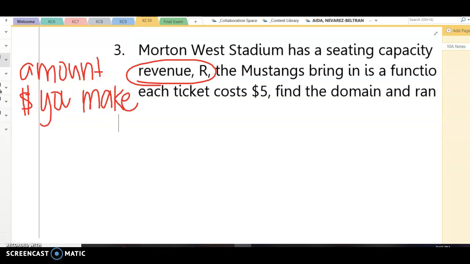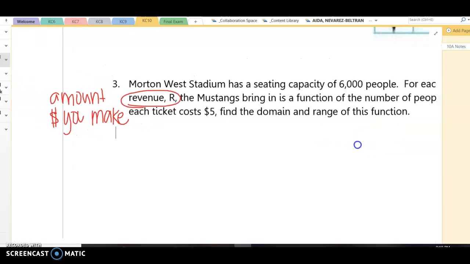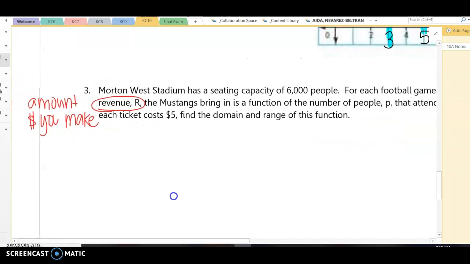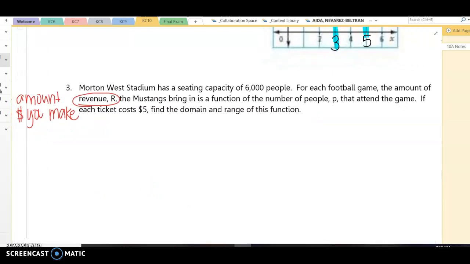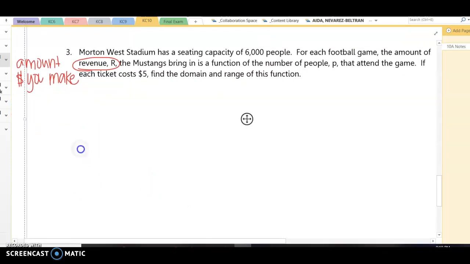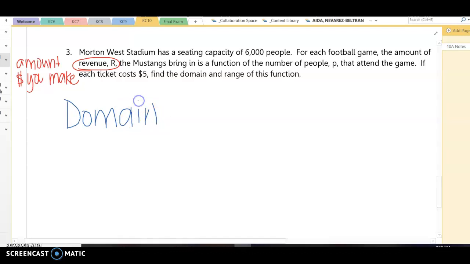So revenue is kind of like profit. It's a function of the number of people that attend the game, and each ticket costs $5. So we have to figure out the domain and the range.